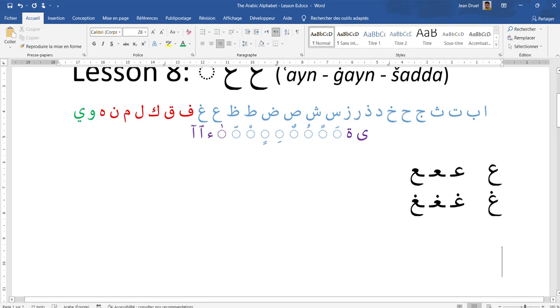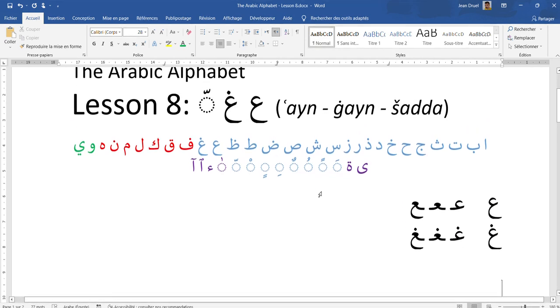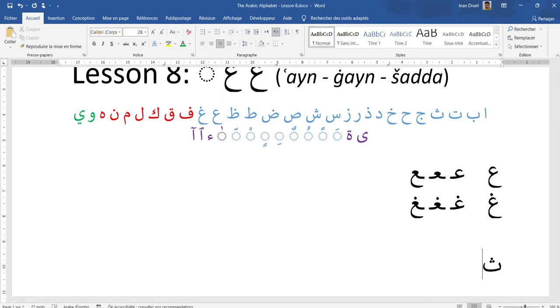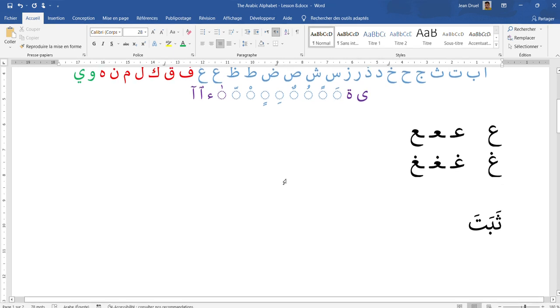Today also we have the shadda. This is a bit more technical, I would say. It's easy to pronounce and to understand, but let me show you how it works. Let's take a word that you know already, an easy one, sabata. Sabata is a simple word. Now what happens if I put a shadda in the middle?